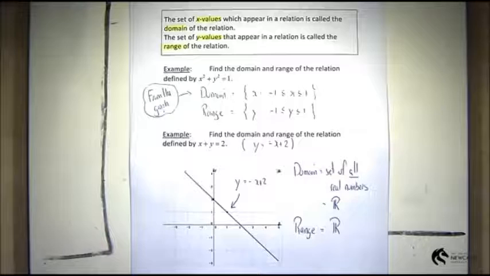Look, I'll put it in here. The general equation of a circle is x minus a all squared plus y minus b all squared is equal to r squared. So that has centre (a, b) and radius r. So that's the general equation of a circle.